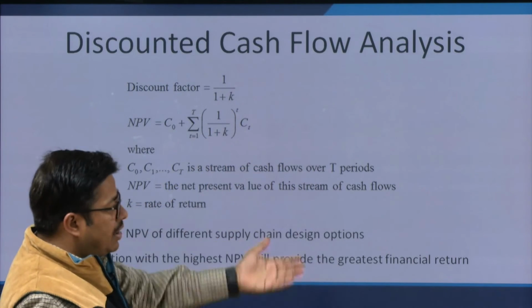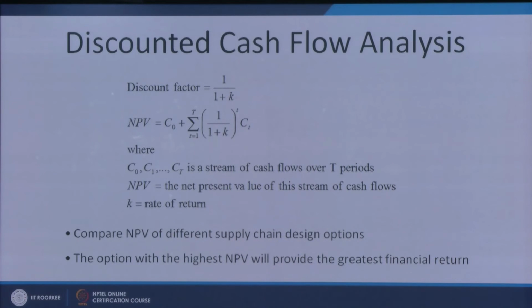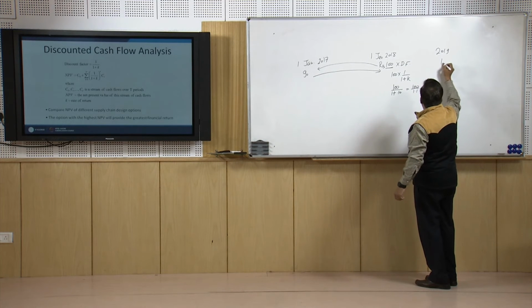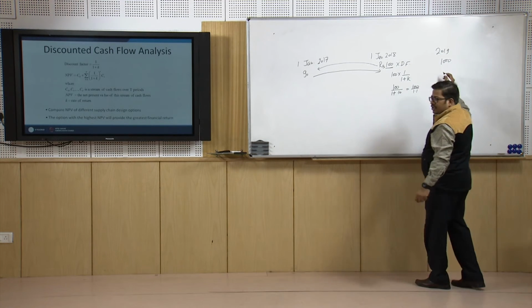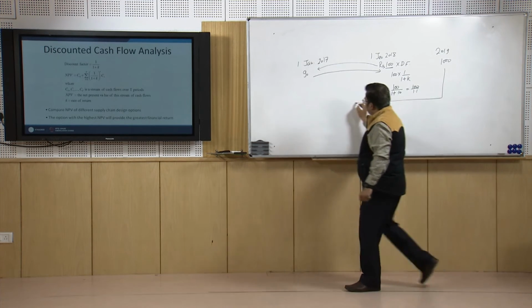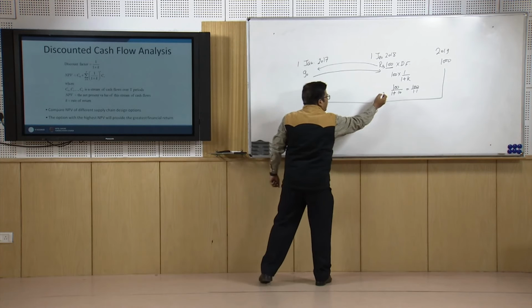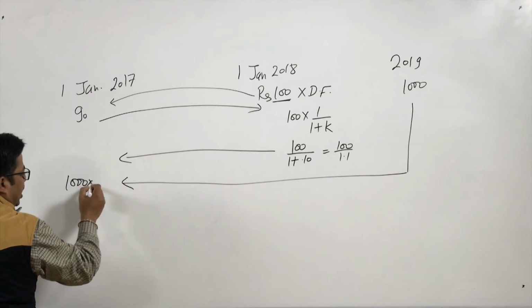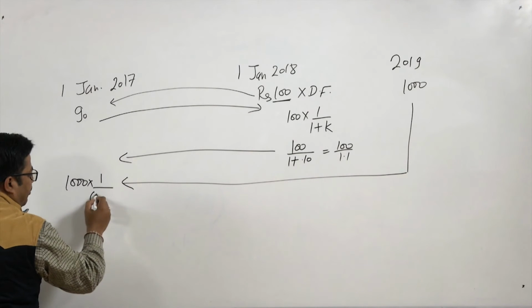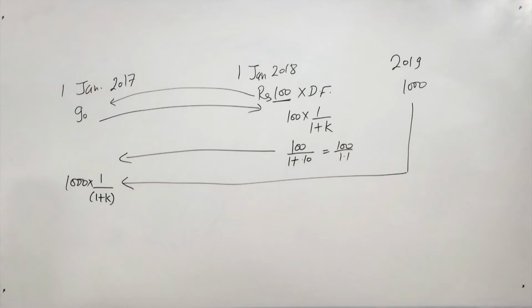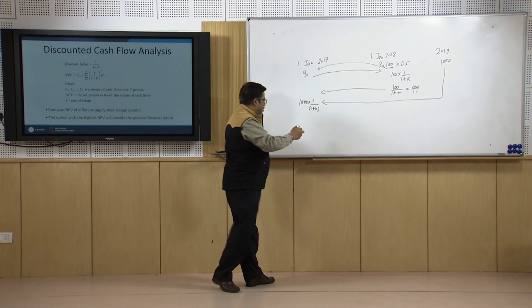If I am getting, on 1st January 2019, let's say 1000 rupees, and I want to calculate its present value, it will be 1000 multiplied by 1 upon 1 plus k to the power 2, because now it is 2 years back.